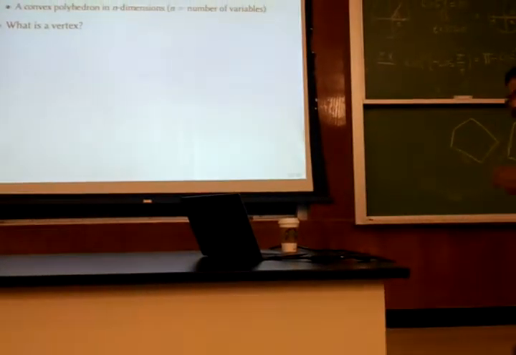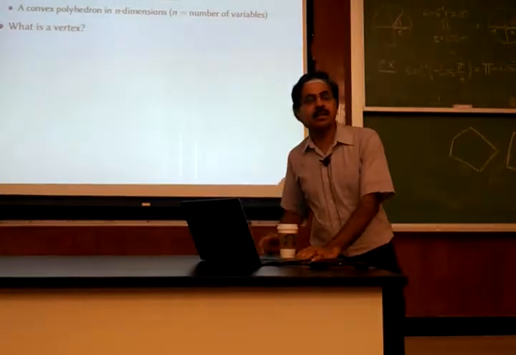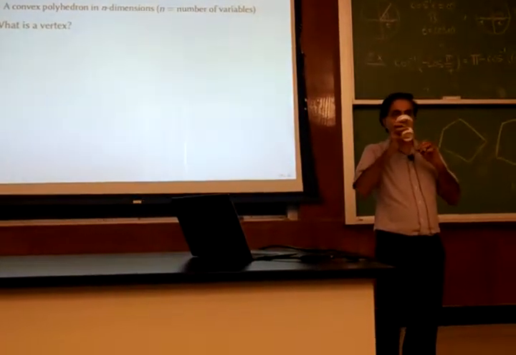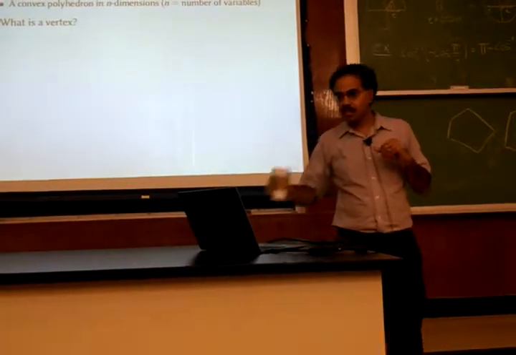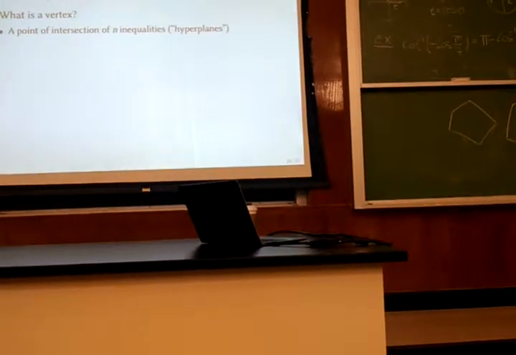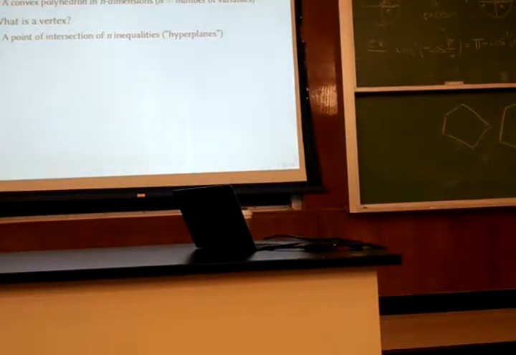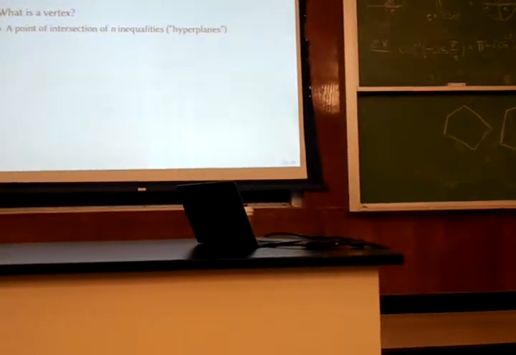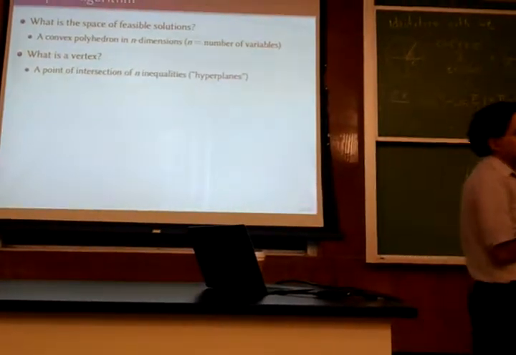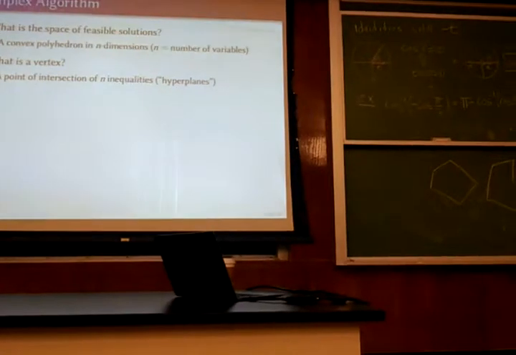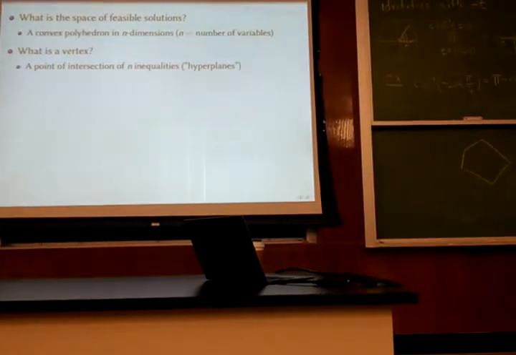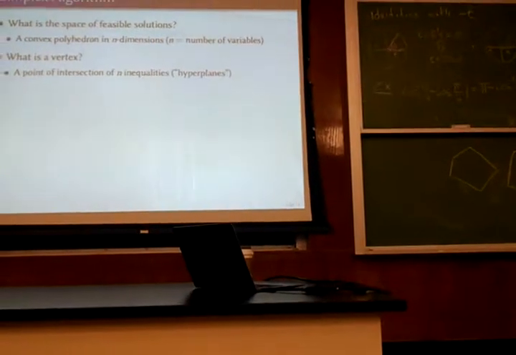Okay. So again, what is a vertex in n dimensions? A vertex is a point where many of these inequalities, or what we think of as lines in two dimensions, intersect, right?